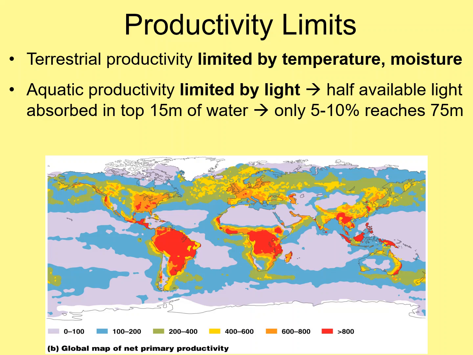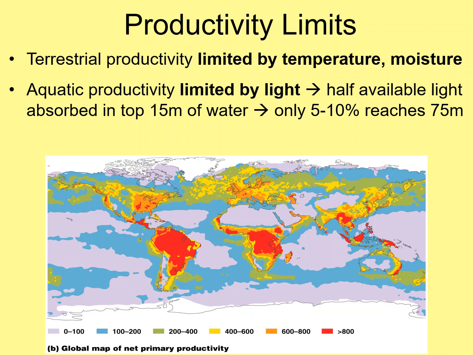So terrestrial productivity is generally limited by temperature, cold, of course, being you've tied up all of your water as ice, so it's less available. And of course, the availability of water is a limit to terrestrial primary productivity. Notice that light is not on that list, right?